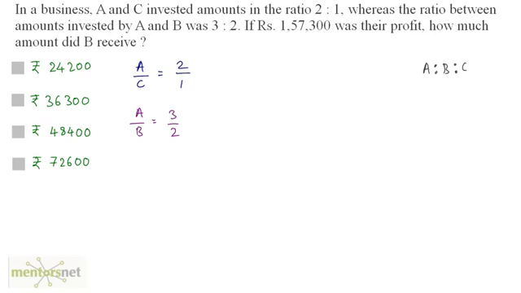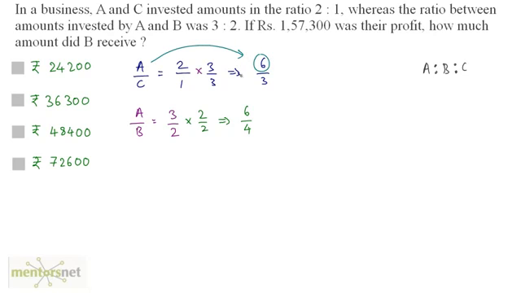Now A is to C is 2:1 and A is to B is 3:2. If I multiply this equation by 3 by 3, I'll get 6 by 3, right? And on the lower side, this A by B, if I multiply this equation by 2 by 2, I'll get 6 by 4, isn't it? The reason I did this was to make A's component equal.